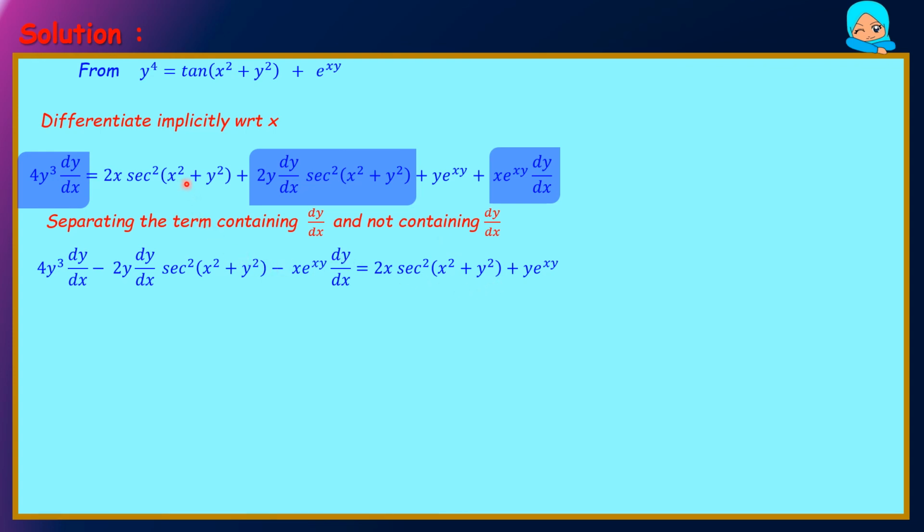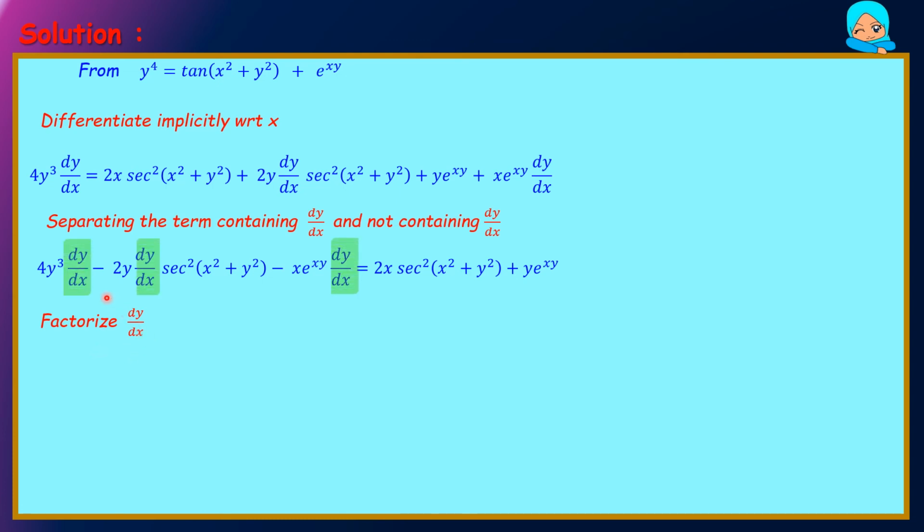And then after we bring the terms containing dy over dx to the left hand side, now on the right hand side we have 2x sec squared of x squared plus y squared plus y e to the power of xy. After that we factorize dy over dx.